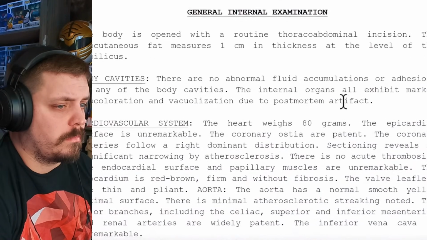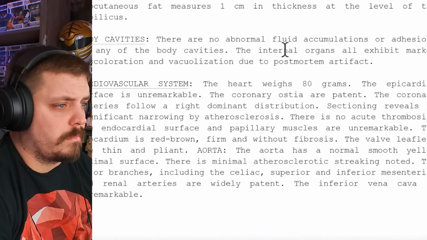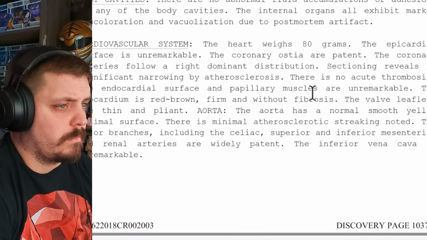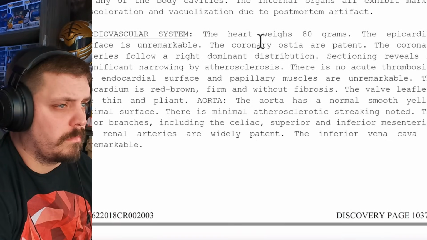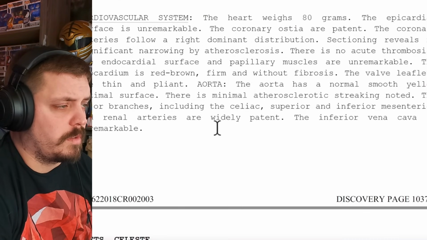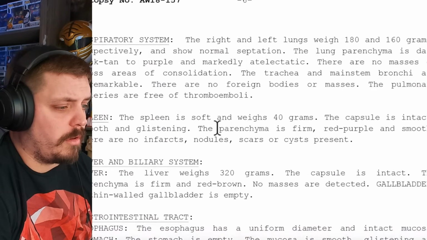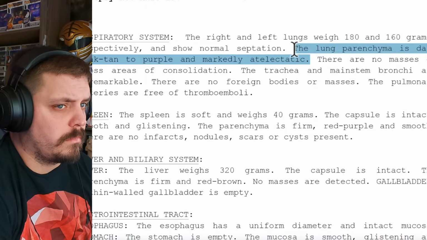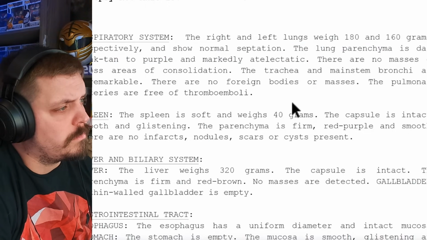And then the internal examination, so no abnormal fluids, internal organs all discoloured due to post-mortem artifact. But there's no problem. She's not got heart disease. She was all beautiful, normal little girl. Respiratory system normal, except for she does have a collapsed lung, whereas Bella didn't.